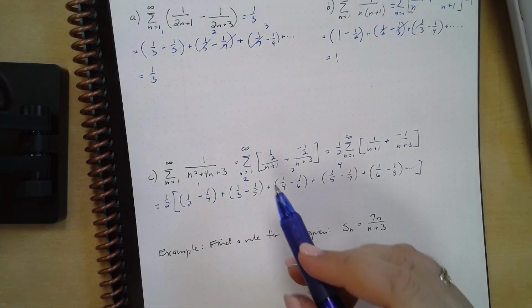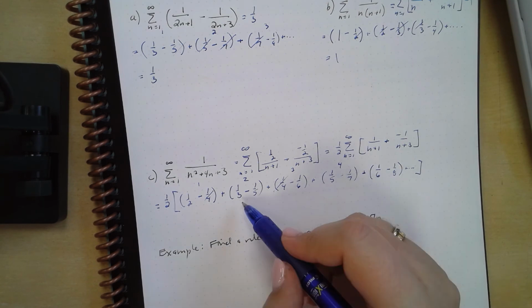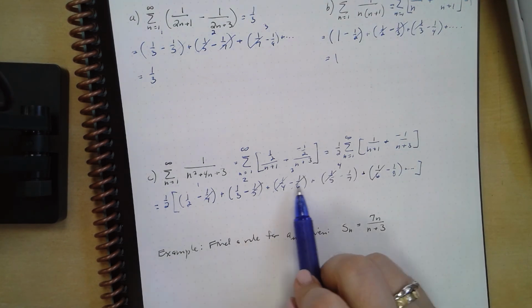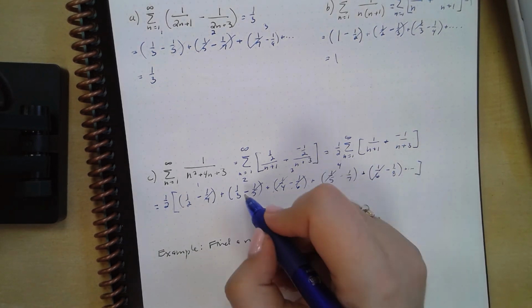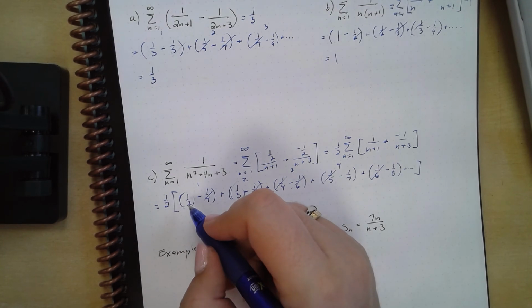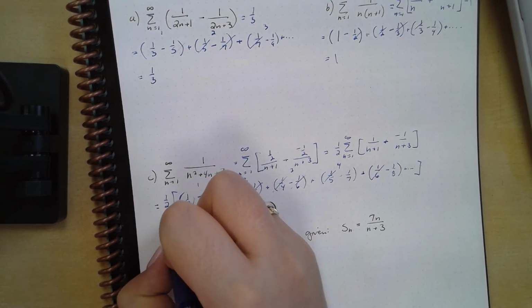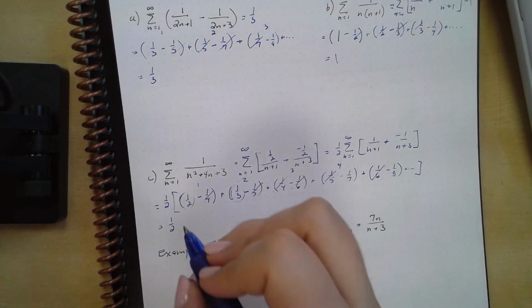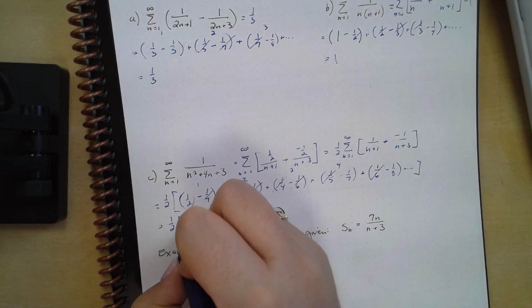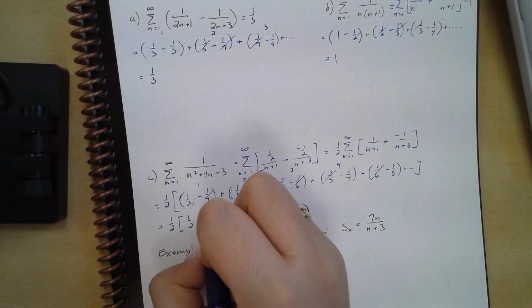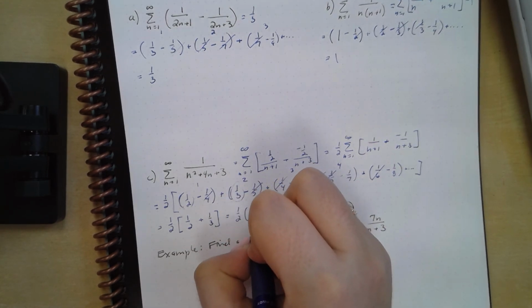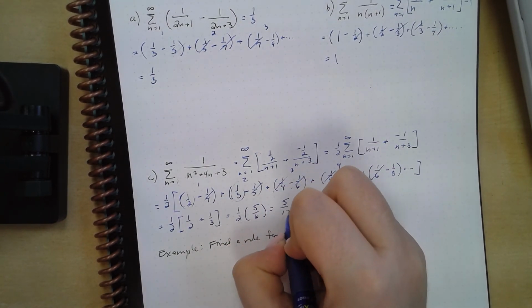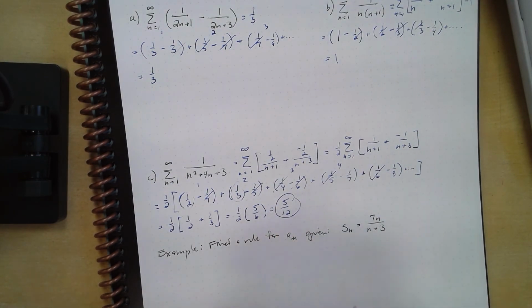So now I can kind of see these cancelings, 4s, 5s, 6s, so that I know my 7s and 8s will cancel because I've started to finally get some doubles here. So I really have this 1/3 and 1/2, okay? So now my sum, my telescoping series, is going to go to 1/2 times the quantity of 1/2 plus 1/3, which is just 1/2 times 5/6, which equals 5/12. So this series converges to 5/12.